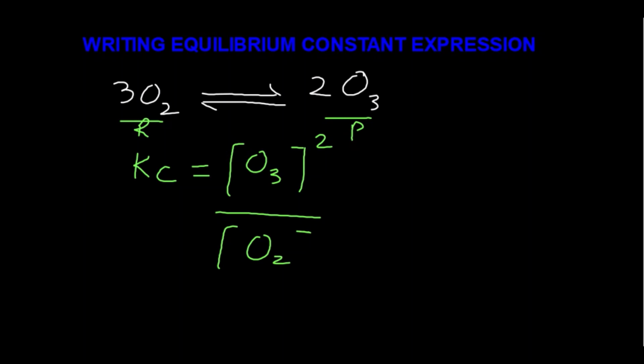How many moles of oxygen are given in the balanced equation? Since there are 3 moles, we write here 3. So Kc for this reaction is O3 raised to the power 2 over O2 raised to the power 3. I hope Kc for this reaction is clear to you, students.